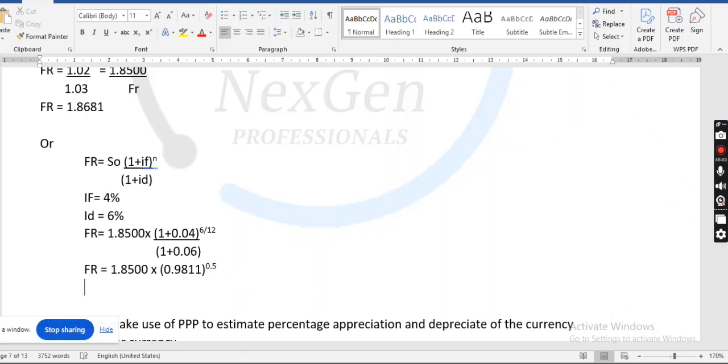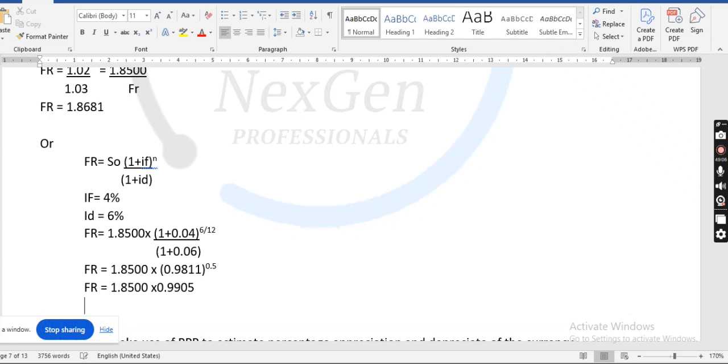Fine. So FR equals 1.8500 times, now raise it to the power. What do you have? 0.9905. So when you multiply this, what is your FR? What is the forward rate?